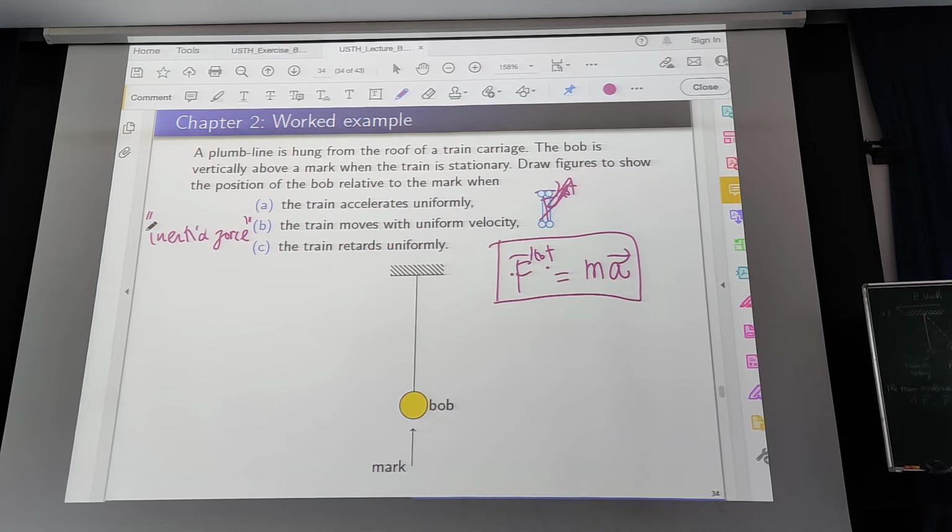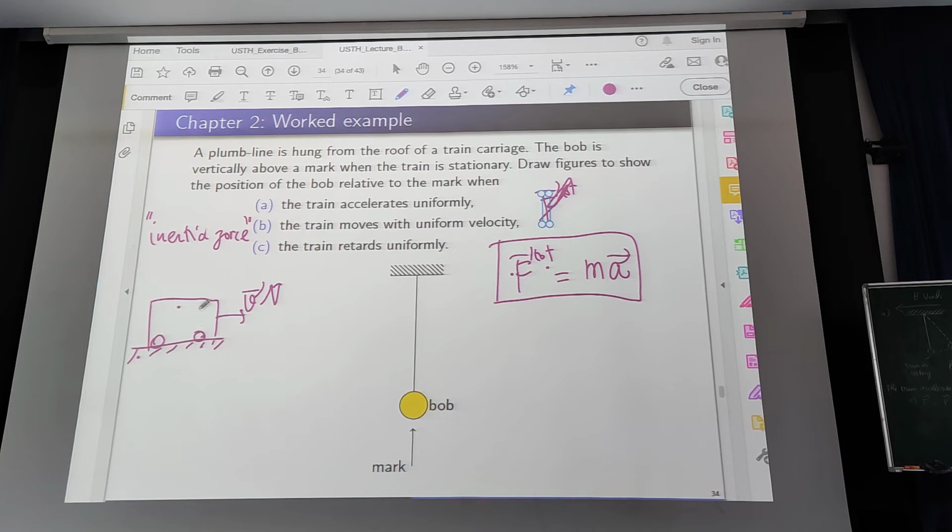So first, we need to define the inertial frame. The ground is the inertial frame. Another frame, the car or the train, is moving. If the train is moving with constant velocity, then the frame of the train is inertial. If v changes, then the frame of the train is not inertial anymore.